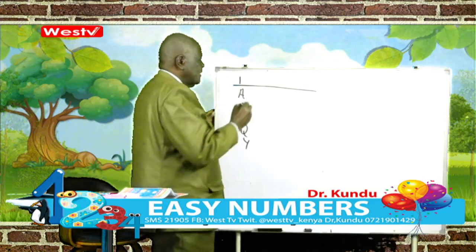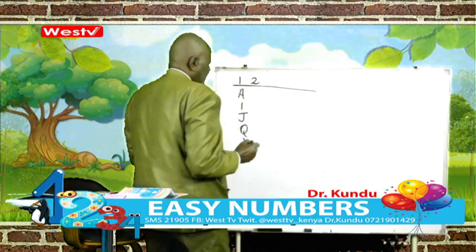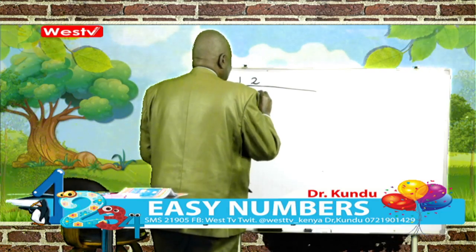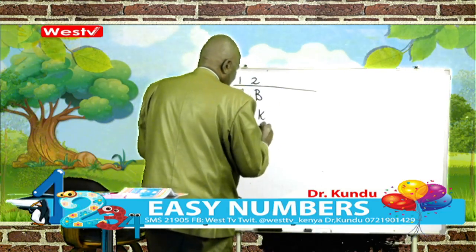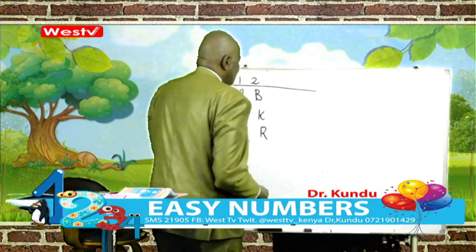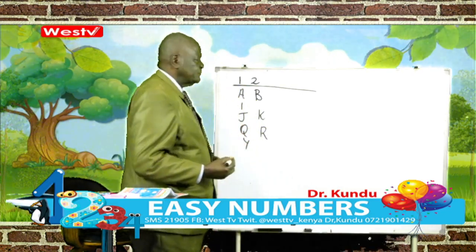And then when you came to the numeral 2, they studied the letters B, K, and R. So numeral 2 vibrates to the letters B, K, and R.